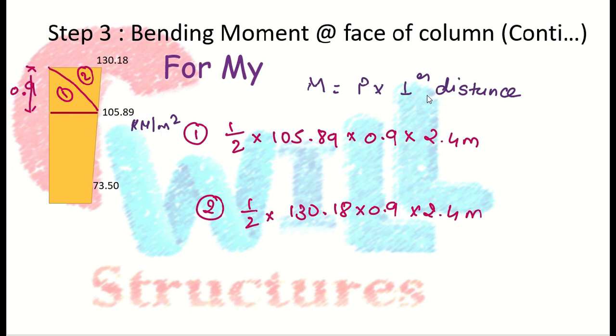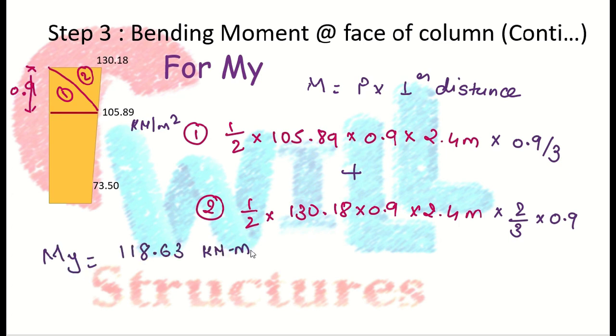Now we just have to multiply the perpendicular distance to determine the moment. And as we know, the perpendicular distance for the triangle is nothing but the CG. So if we determine the CG from this distance, it is 0.9 by 3, and for the second triangle it will be 2 by 3 multiplied by 0.9. You just have to do the summation of these values and you can have the value of My.